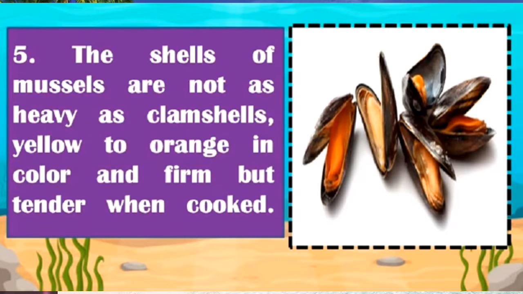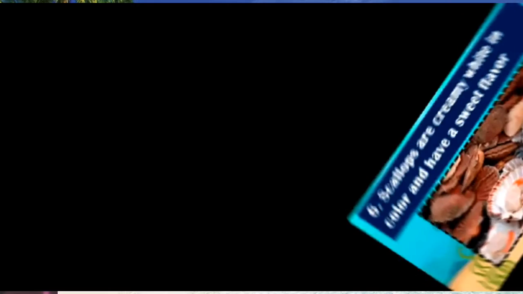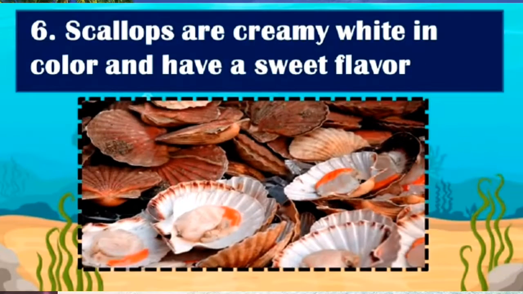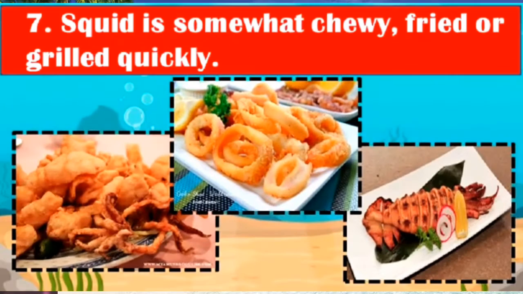They turn yellow to orange in color and are firm but tender when cooked. Scallops are creamy white in color and have a sweet flavor. Squid is somewhat chewy and is cut up and either fried quickly.